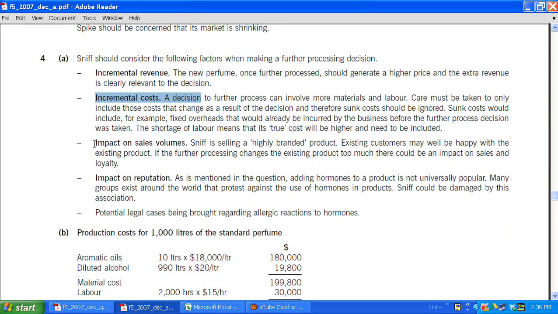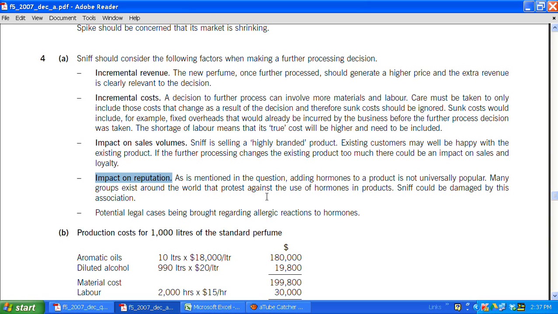We have to look at the impact on sales volumes. The product we're selling is a highly branded product. How will it affect the future sales if we add the hormone? Then the impact on reputation.